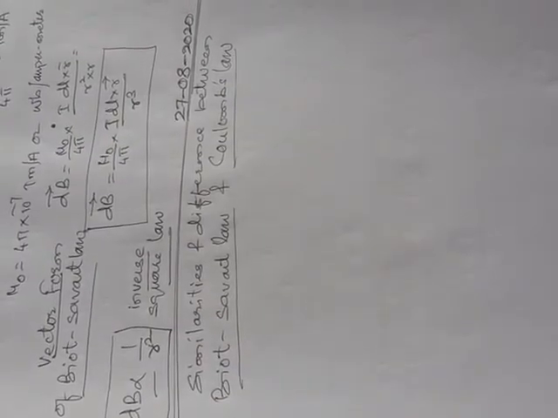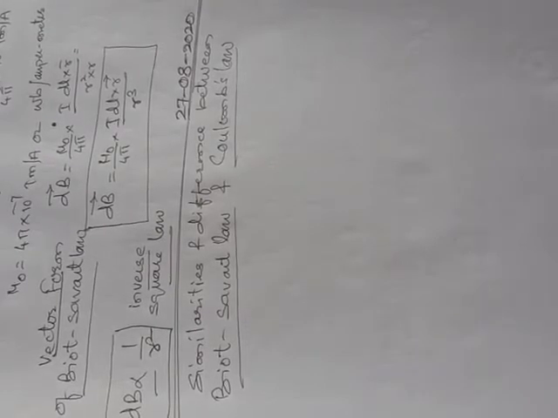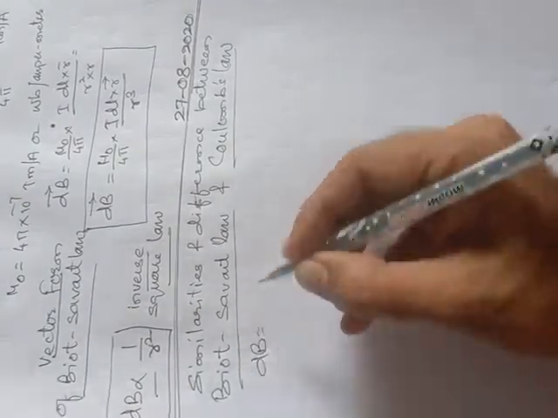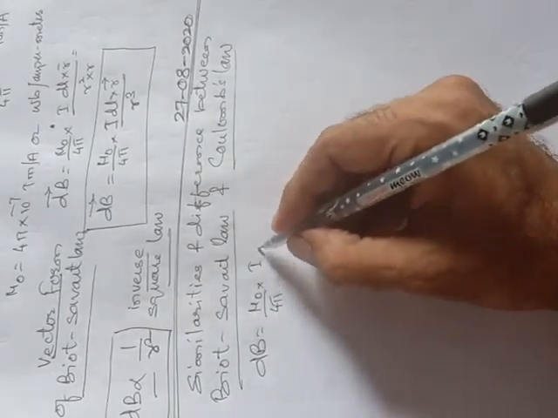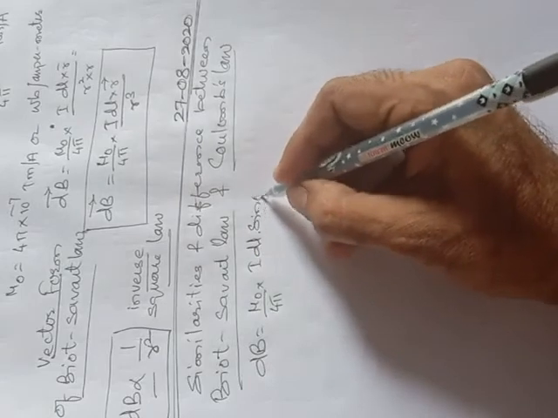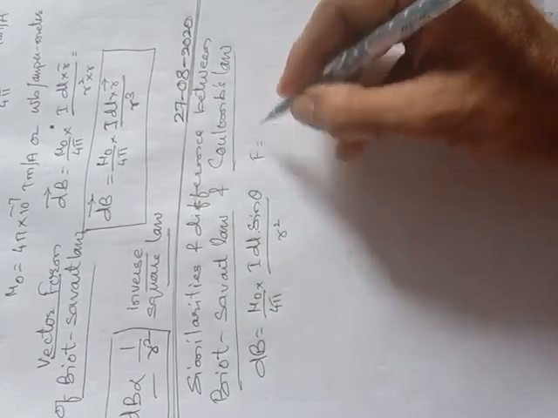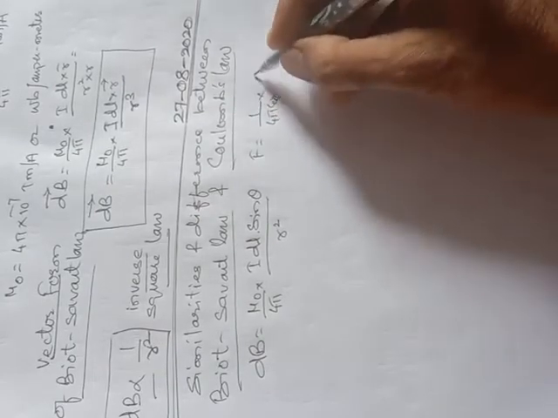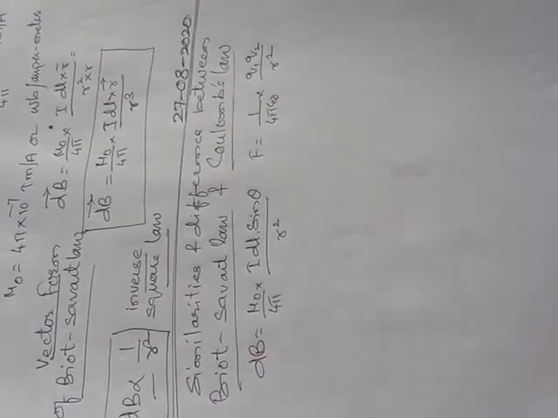Today we have to see the similarities and differences between Coulomb's law and the Biot-Savart law. We know the Biot-Savart law is written as dB is equal to mu naught by 4 pi into I dl sin theta divided by r square, and Coulomb's force is equal to 1 by 4 pi epsilon naught into q1 q2 by r square.